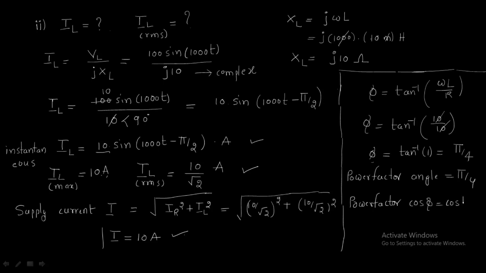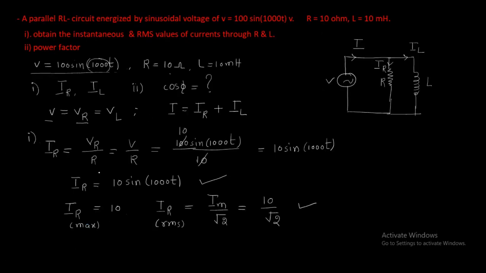So this is the power factor, this is the instantaneous current at the inductor, this is the RMS current at the inductor, and this is the current flowing through the resistor. Understand? This is the procedure to do any RL parallel circuit.